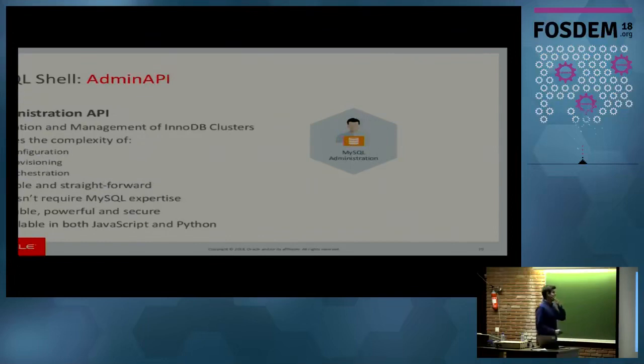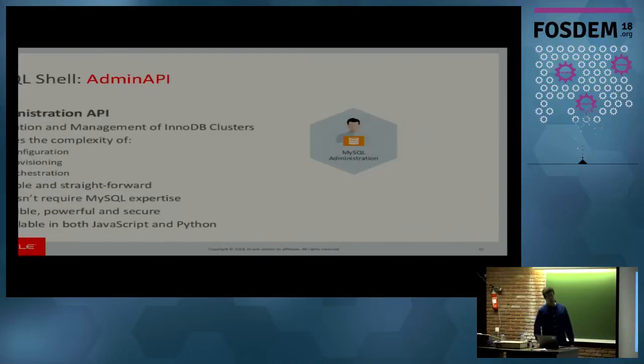What about the admin API? The admin API is an administration API implemented in the shell, which allows you to create and manage clusters. The main goal of the admin API is to hide the complexity of configuring, provisioning, and orchestrating InnoDB clusters. It's very simple, very straightforward.